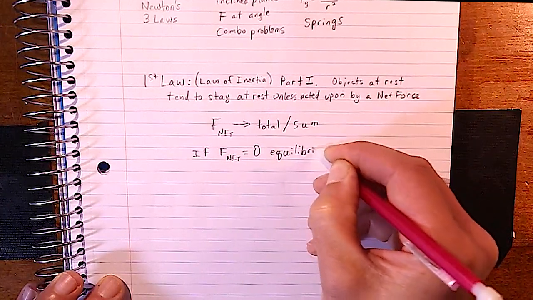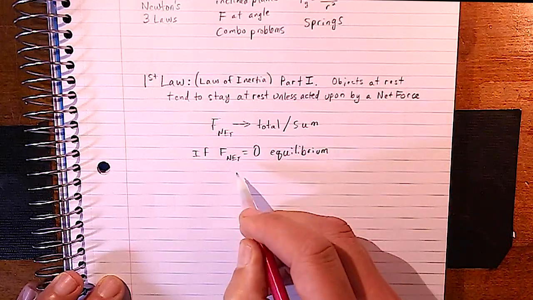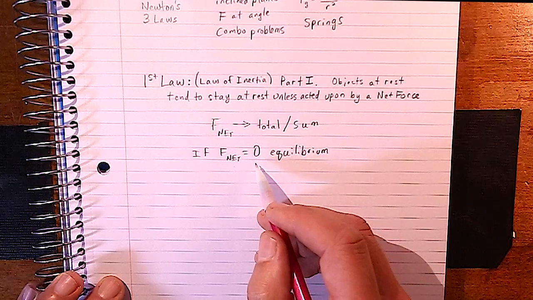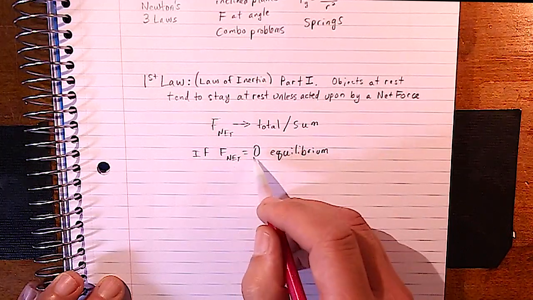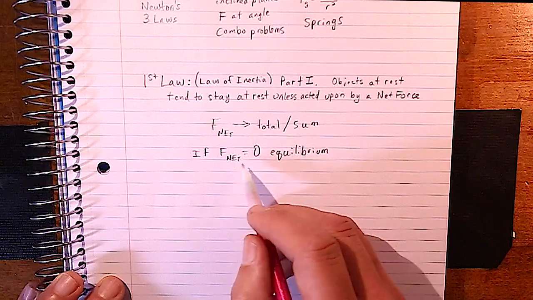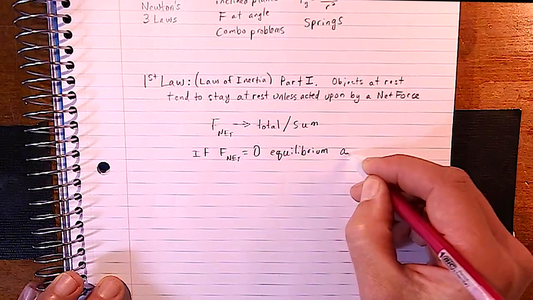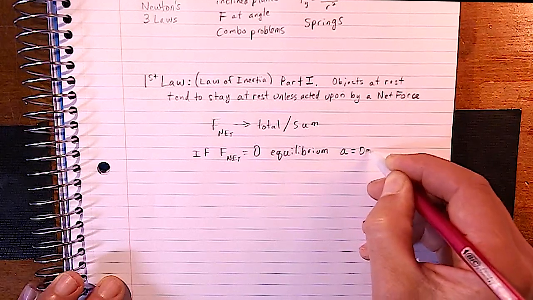Now, we got to make sure that we understand that just because the F net is 0 doesn't mean that there's no forces acting on it. But if the net force ends up being 0, the forces cancel each other out, or there are no forces, then the acceleration of the object is 0.